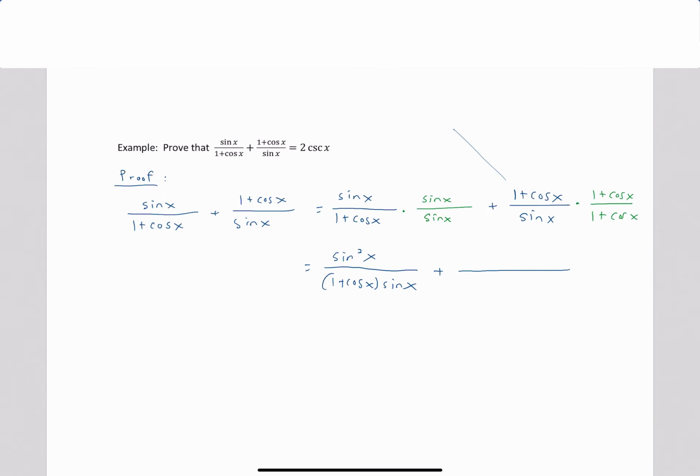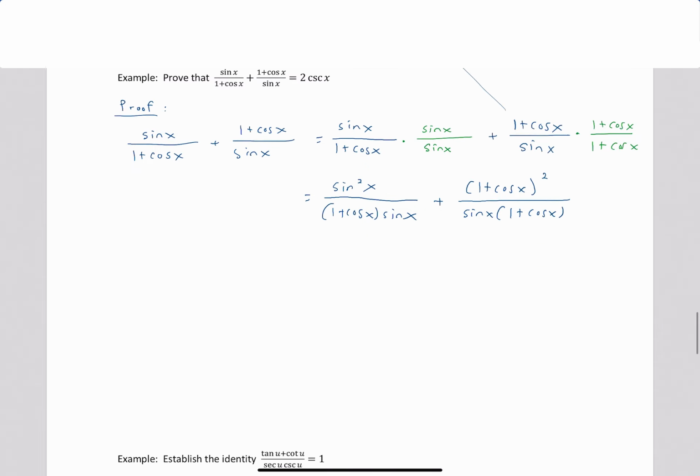Okay, and then in the second spot, I've got 1 plus cosine of x times itself, so I'm just going to write 1 plus cosine of x squared. And down below, I have sine of x times 1 plus cosine of x. So now I have the same denominator on both fractions.